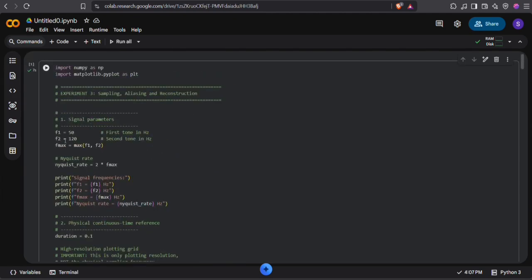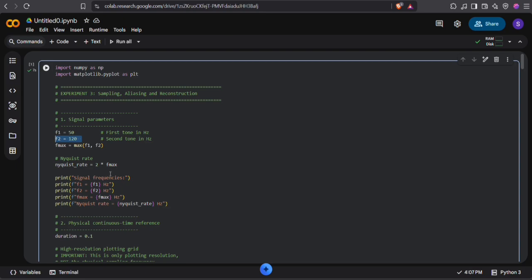First, I selected 50 hertz for my first component and 120 hertz for the second component of the input signals. Here F1 is 50 and F2 is 120.